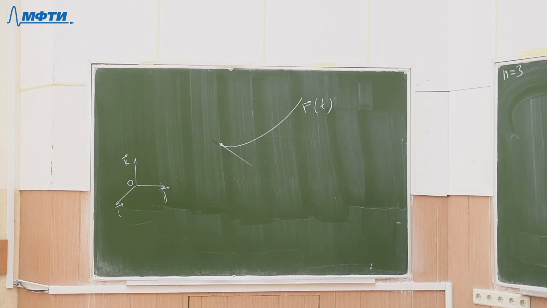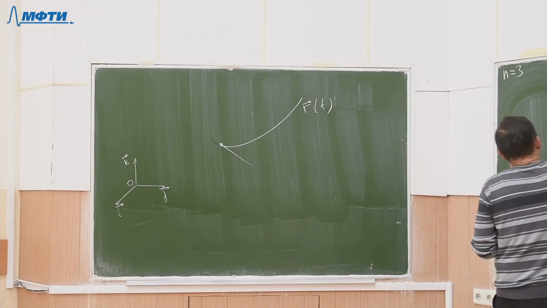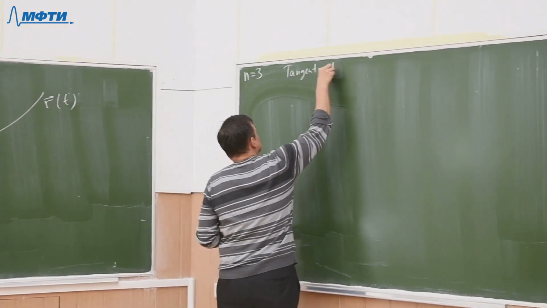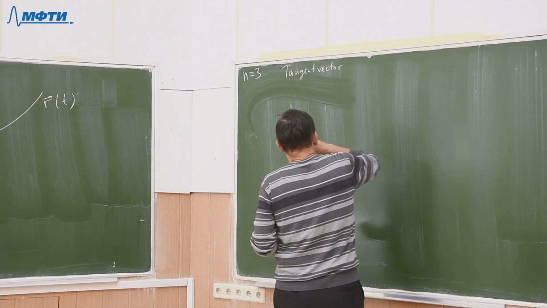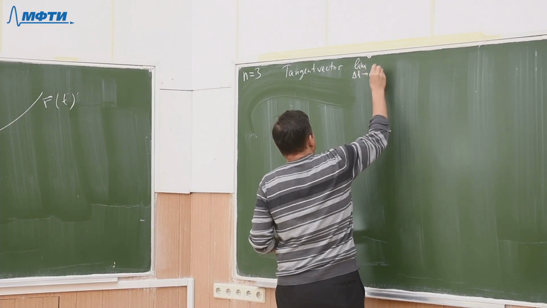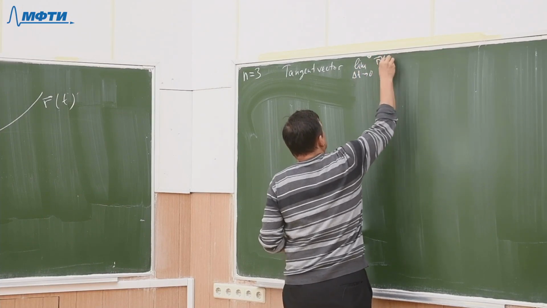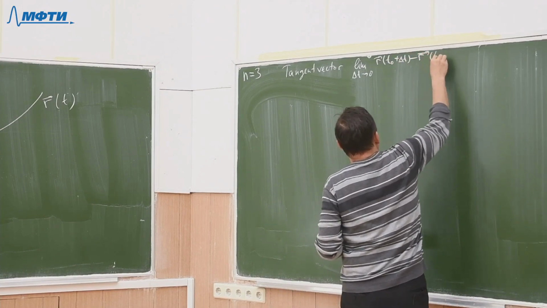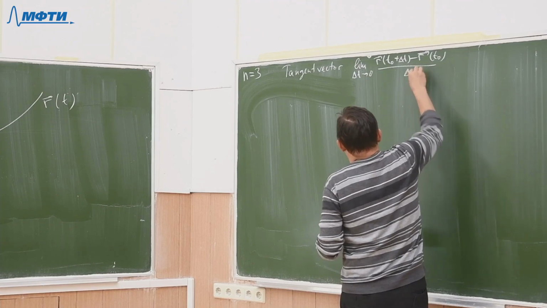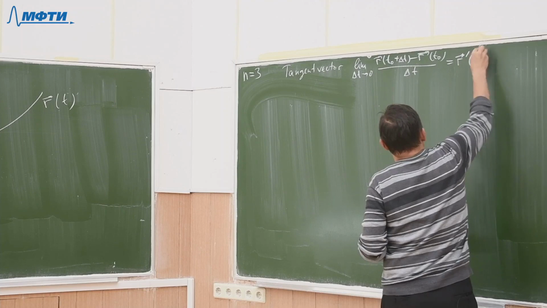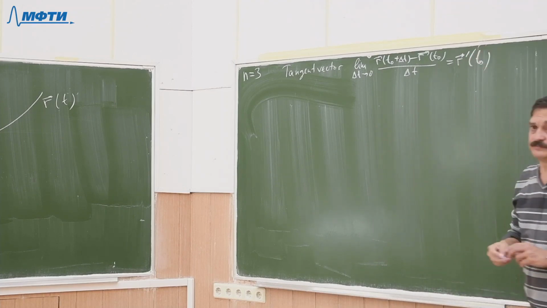And how did we define tangent vector? Tangent vector was defined as limit of this ratio, which is nothing else but derivative of vector function at a point t0.